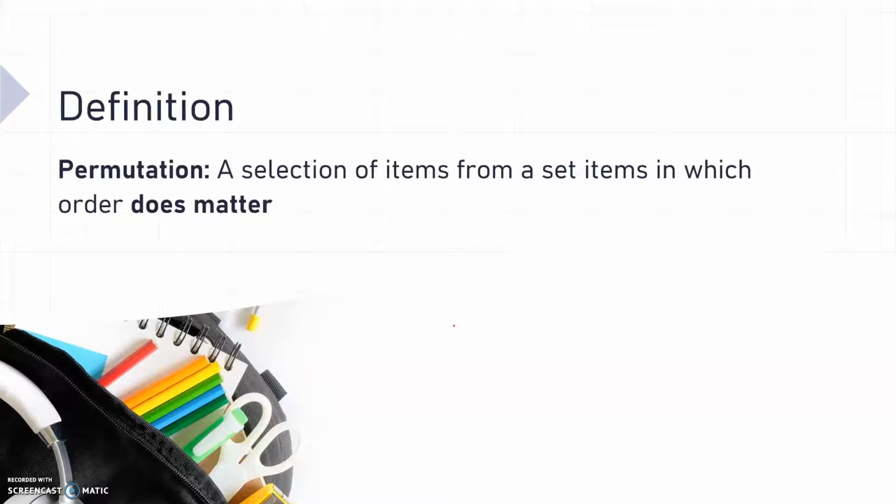That's an indication that the order matters. Or if you're assigning different jobs, that's another indication that the order matters. If I were choosing people to be president and vice president, then choosing one person to be president and another person to be vice president and flip-flopping it is 2 different choices. So in that case, the order does matter.